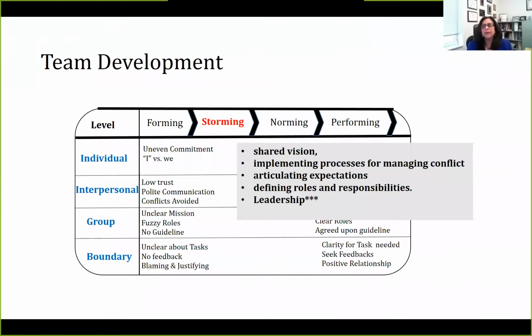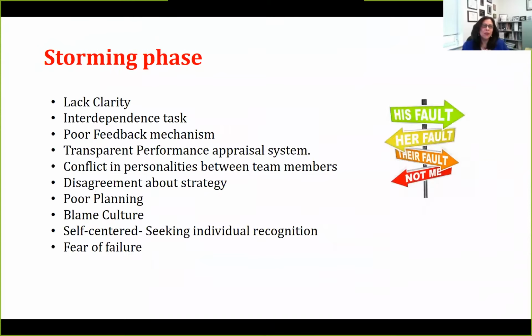As I mentioned to you, during the storming phase there is still a lot of uncertainty, and that also becomes a source of conflict. If clarity is not given, you can have a team of folks together to do a project, not necessarily clear about what each of them is supposed to do.